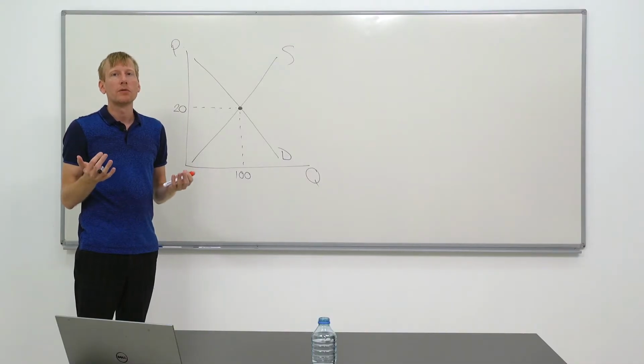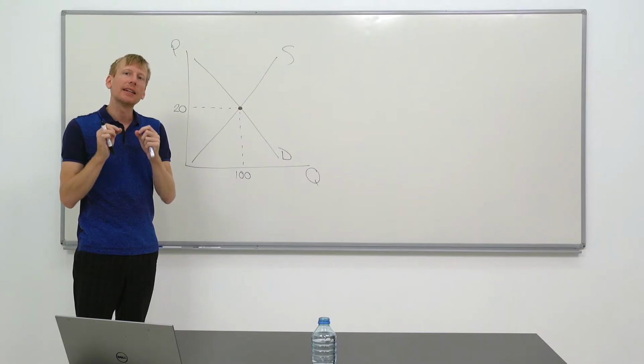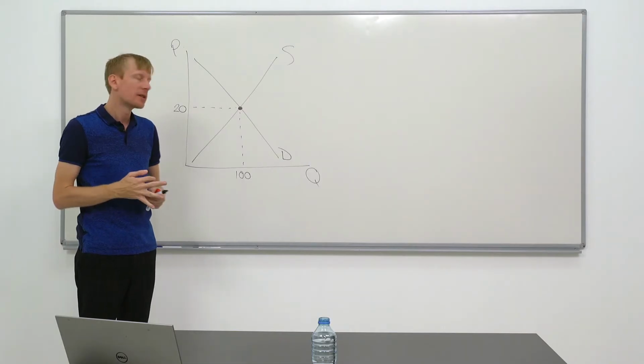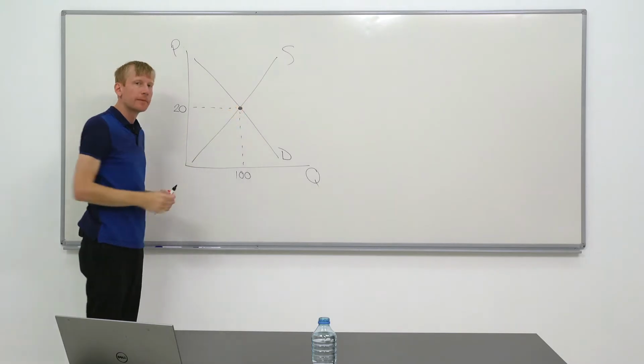Now, what we want to assume is in this hypothetical market, suppose that the government imposes a tax, and that tax is exactly equal to 10 per unit of this good that's sold. That tax that we impose will create a wedge between demand and supply.